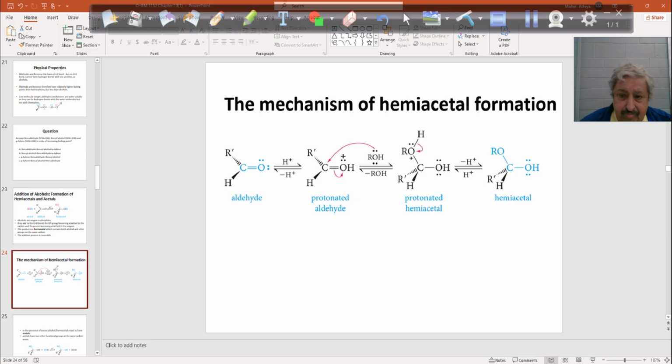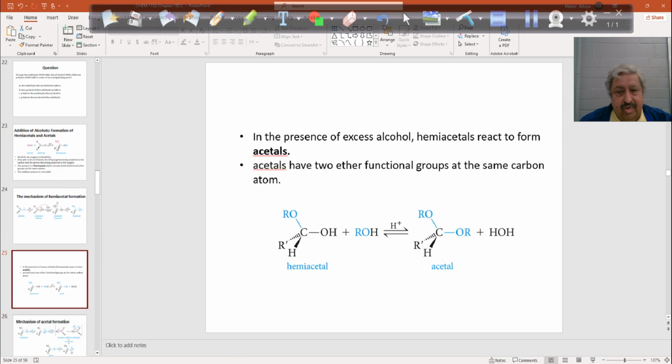You get the OR of the alcohol added in, and the H of the alcohol will be kicked out, and then you get OH there. That's a hemiacetal. But anyway, just concentrate on the distinguishing characteristics of both, correct?